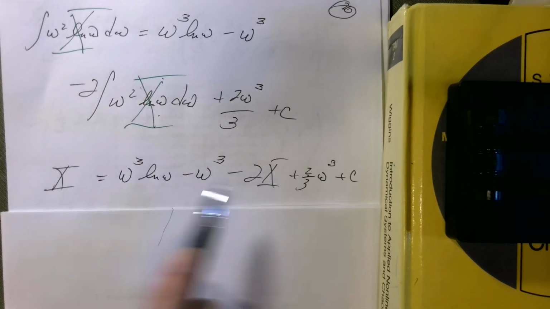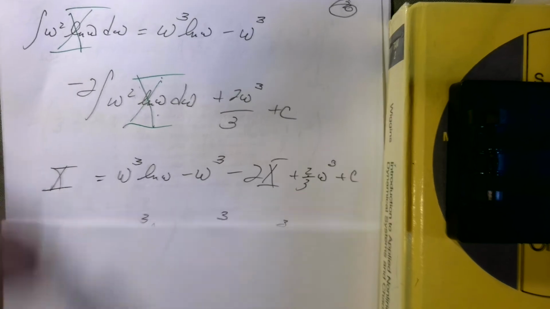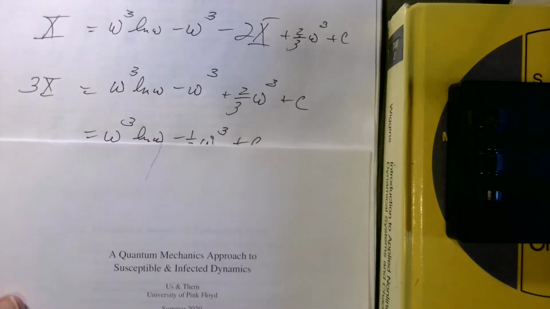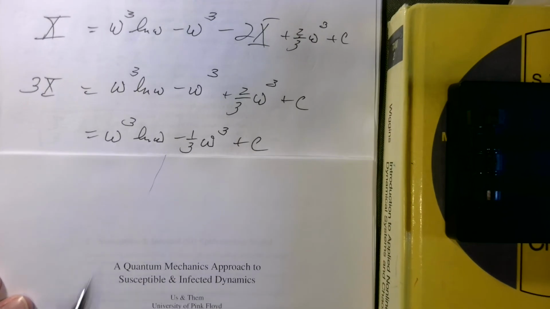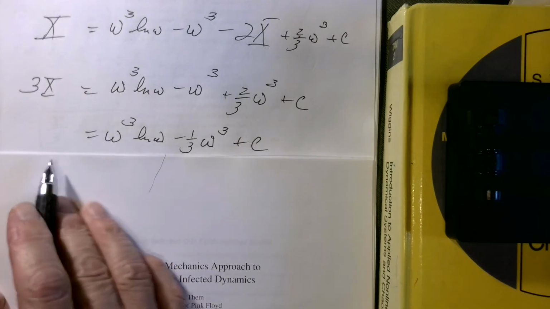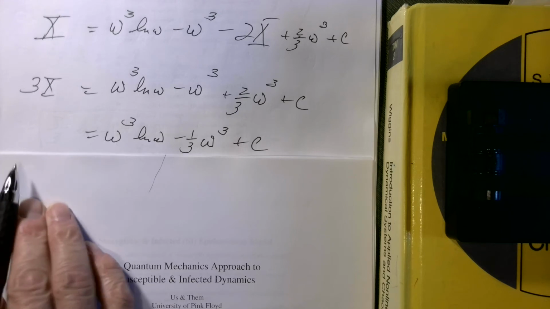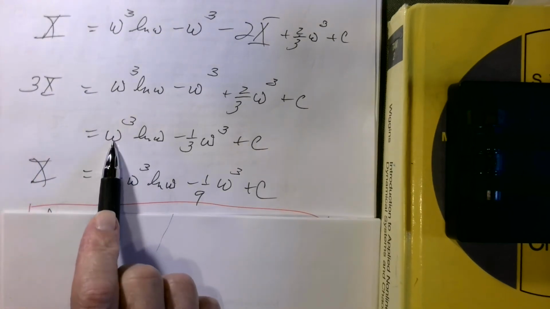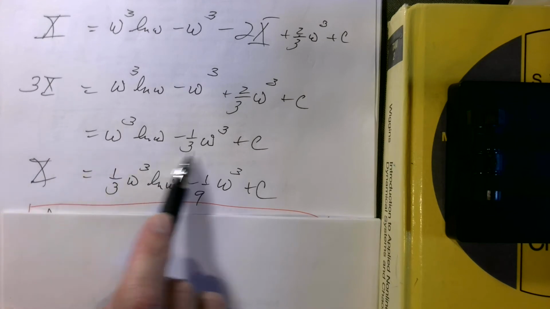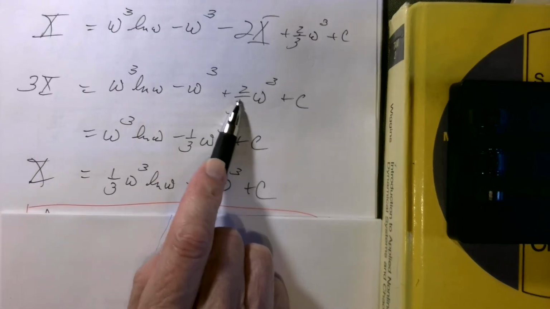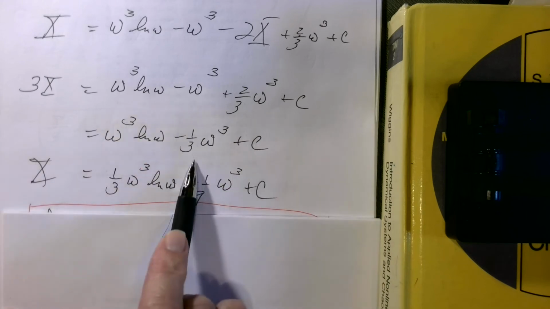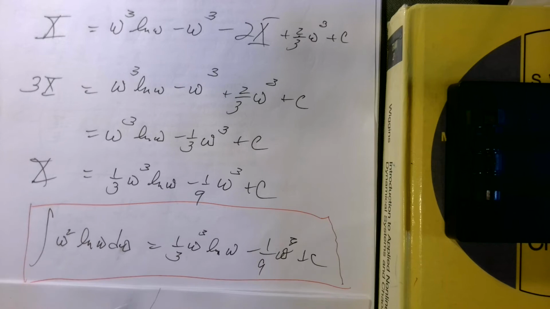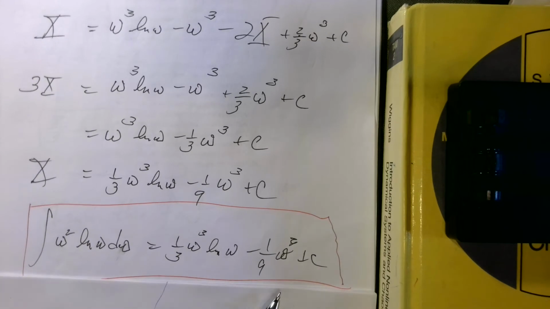We can add to both sides. We get 3 of them. And then when we divide, we put 2/3 minus 1, which is minus 1/3. We divide both sides by 3, and voila, we have our answer.